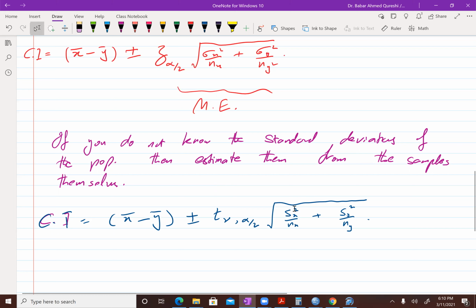If it's uncorrelated, then you compute these sample estimates: the sample standard deviation of population X, which is Sx, the sample standard deviation of population Y, which is Sy, and make this kind of an average.